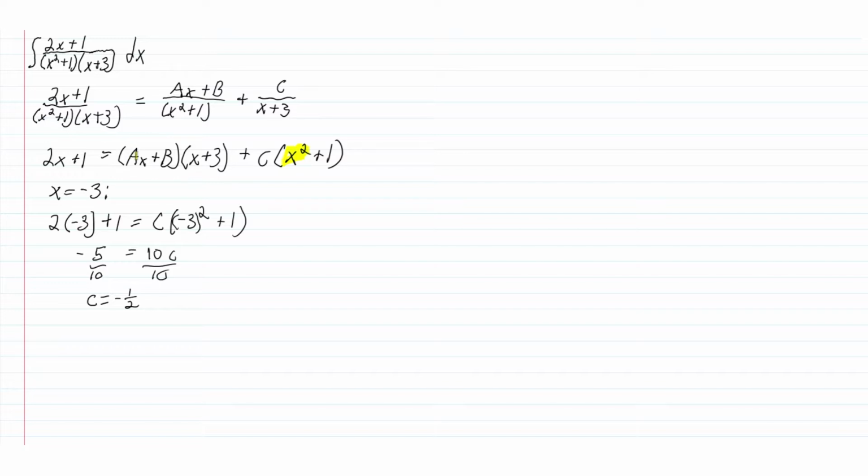But if we look on the left side, we have the ax and then x here. And that, at some point, is going to give us an ax squared if we were to FOIL this out. So we know we're going to have some a plus c. And there's no x squared term on the left side of the equal sign, so we know they have to equal 0.